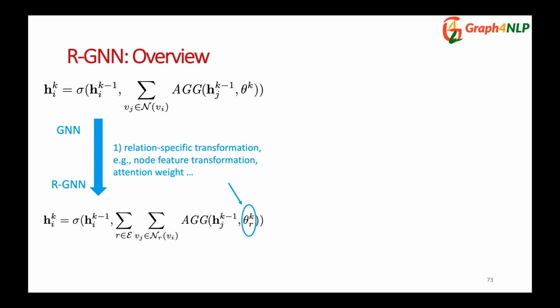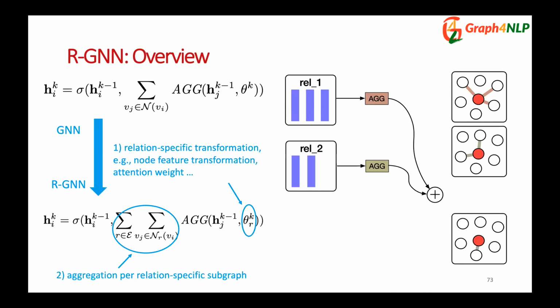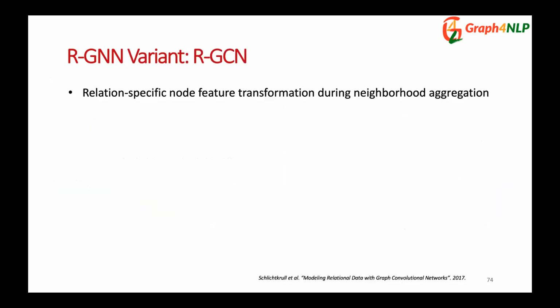That means for each type of relation, we introduce a learnable model parameter. The second property of RGNN is that it aggregates information per relation-specific subgraph. We have a diagram here to better illustrate this idea.